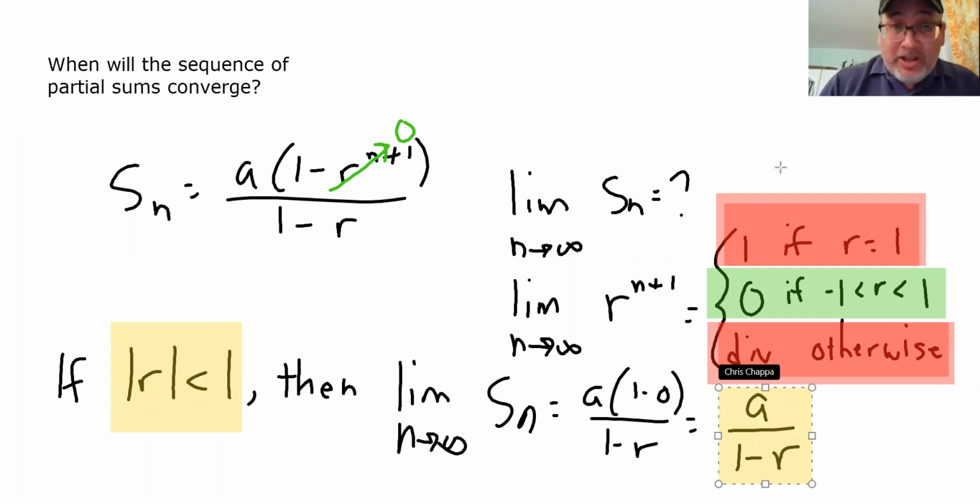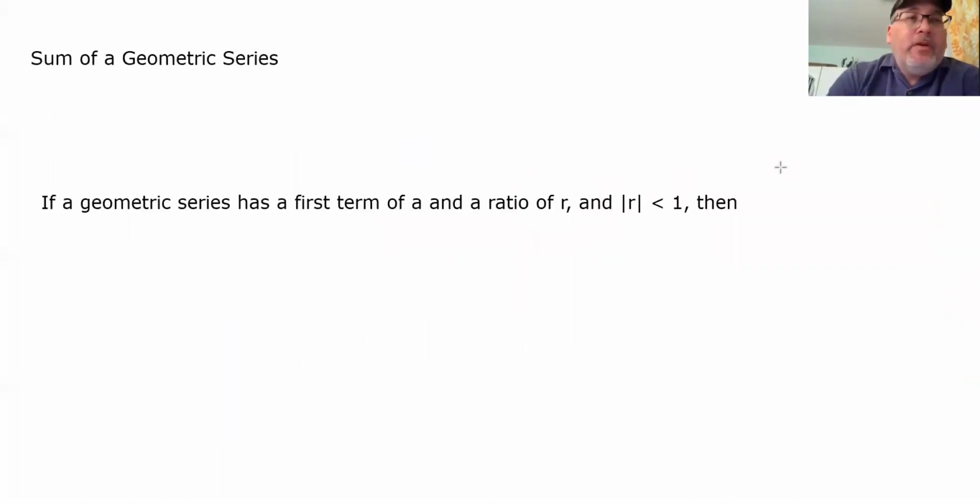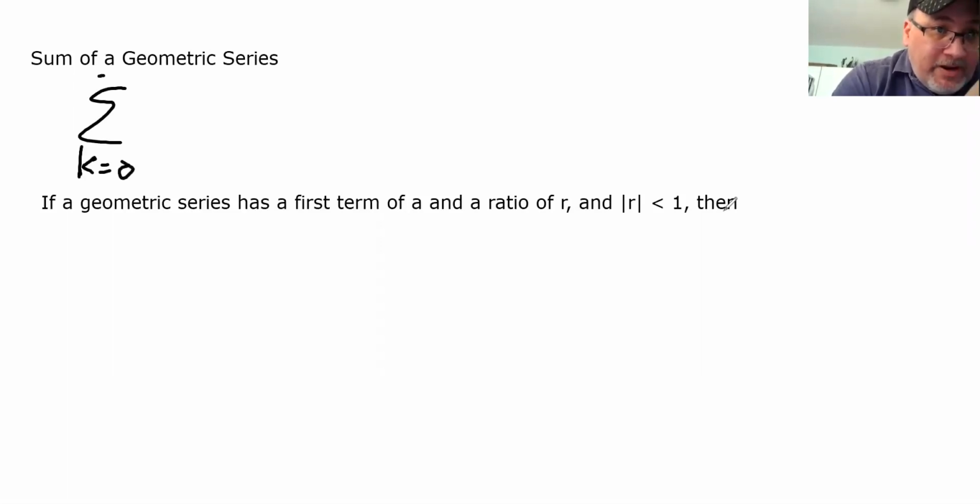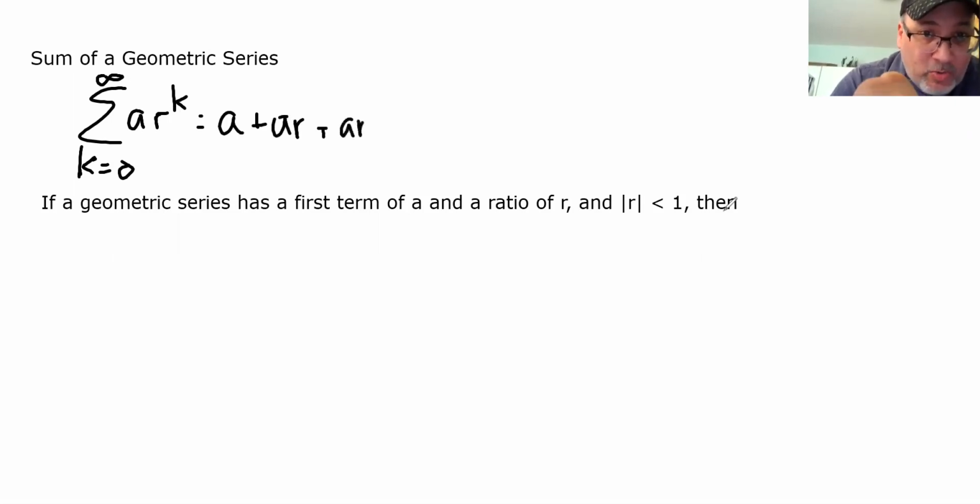I think we need to summarize this. Sum of a geometric series. And remember, a geometric series, the way I'm writing it, is the sum from k equals 0 to infinity of a times r to the k power. So it's a plus ar plus ar squared plus dot, dot, dot.